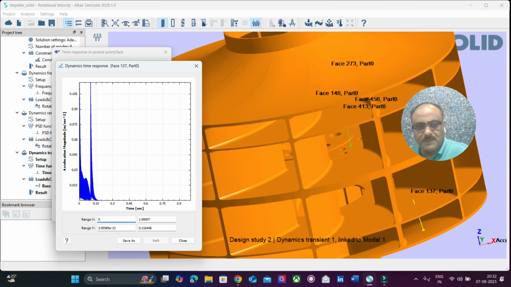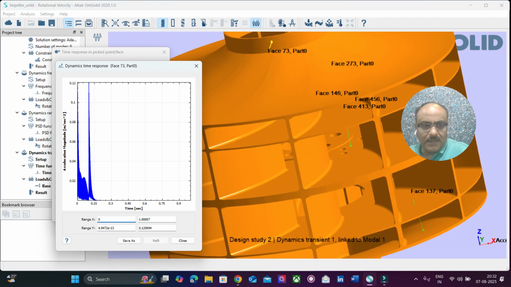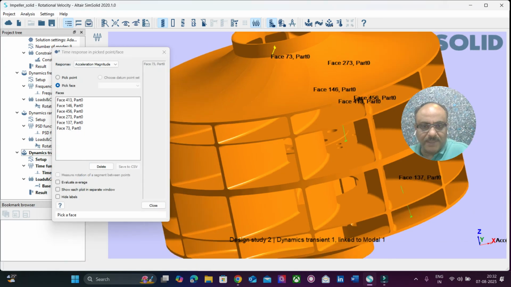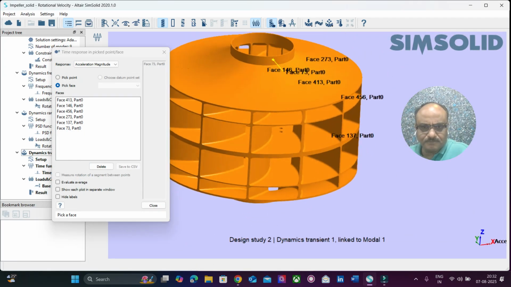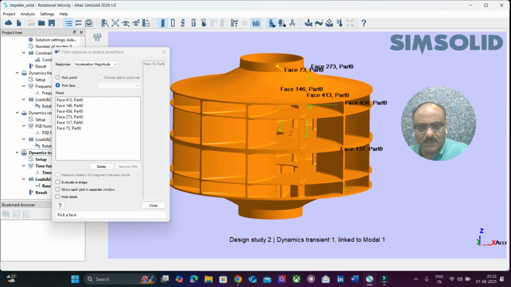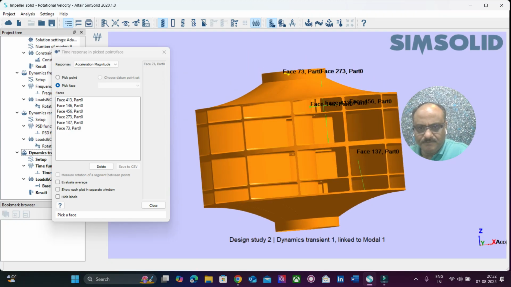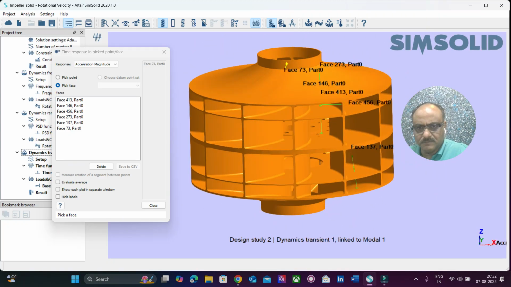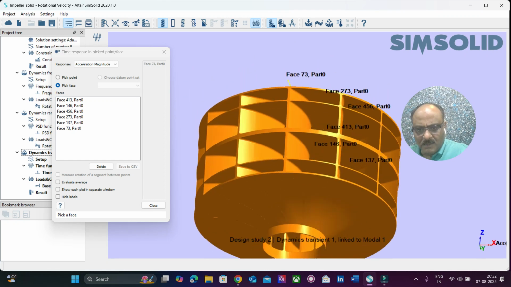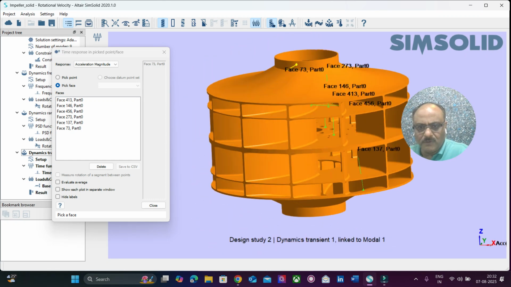And what is the response on the top crown, where the torsional stresses are dominant? This is how the response behaves. So for all elements, we have found the acceleration magnitude.